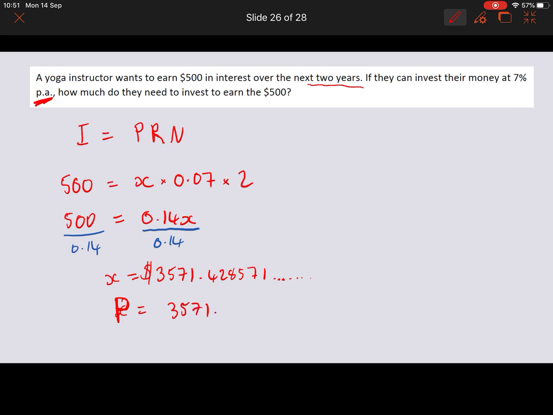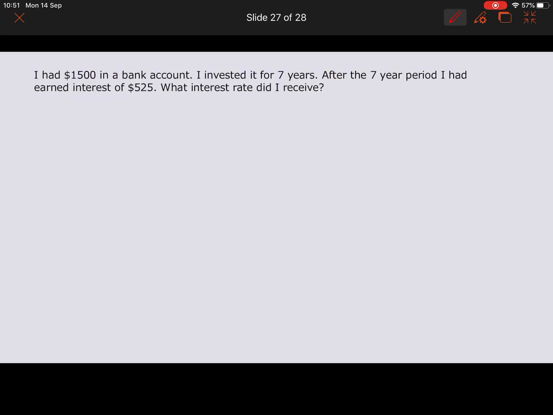Now, obviously, we're not going to leave my answer like that because this is money. So, you know, this is a principal, this is dollars. So I'm always going to do that to 2 decimal places, or rather I should say the principal is $3,571.43 because with money we always do 2 decimal places. Okay? Right, stop your video and have a go at this one.